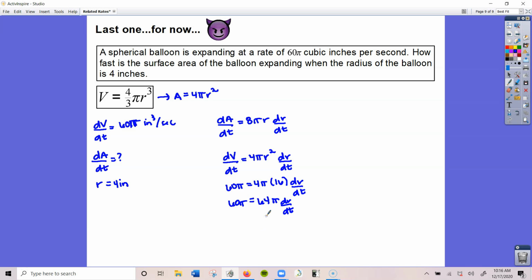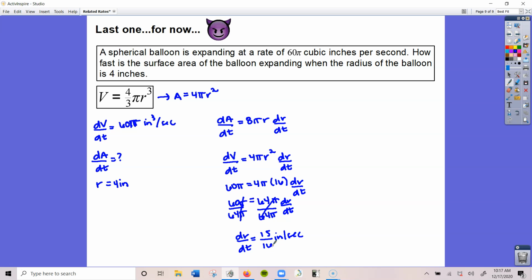So to solve for dr/dt, we're just going to divide by 64 pi. And we get dr/dt is equal to, these pi's would cancel, and 60 over 64, both of these can be divided by 4, which gives me 15 over 16 inches per second.